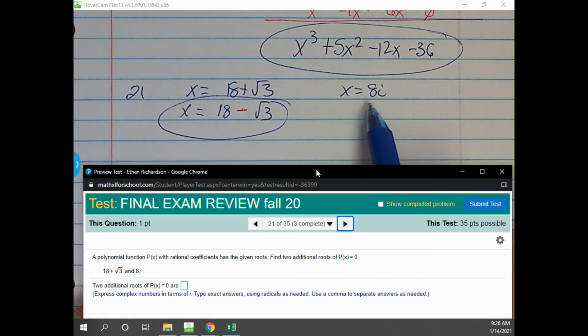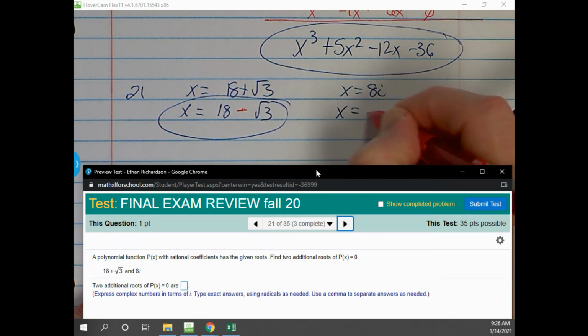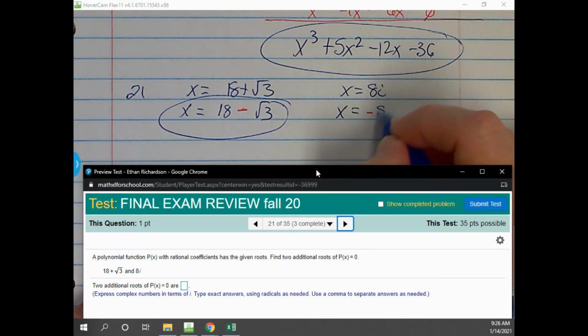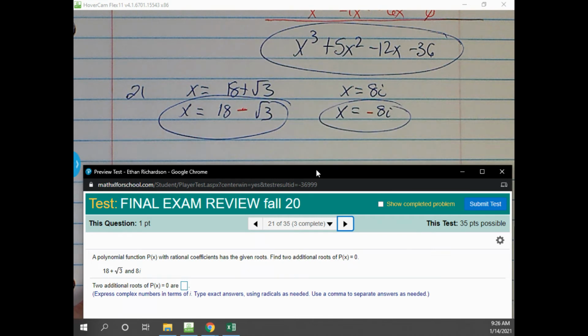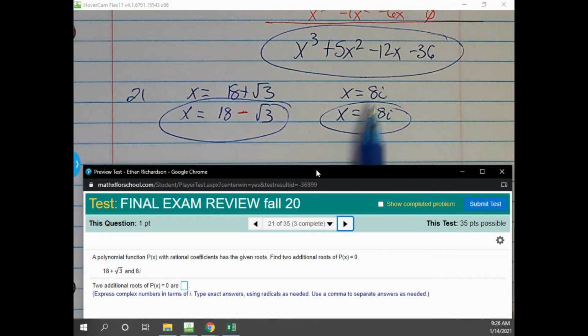And if this answer is a positive 8i, the other answer is going to be a negative 8i. So if they say just name more roots, all you have to do is change the sign. That's it. This one was 18 plus the square root of 3, changed to 18 minus the square root of 3. This one was 8i, so it's a negative 8i. So whatever number they give you, just change the signs, and that's all you have to do.